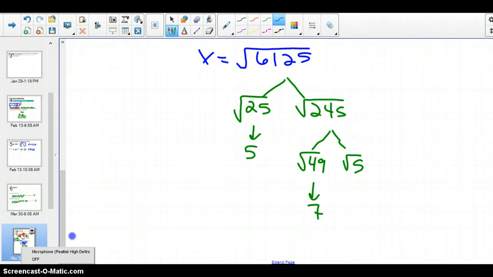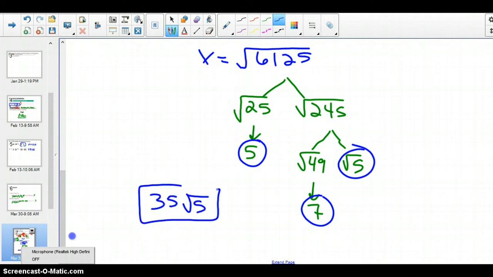All right, so if you think of this like your factor tree that you've done a while ago, maybe that'll help. So your geometric mean is actually 35 radical 5. It's kind of weird. But if you were to put that number in between those two, 35 and 175, and you were to figure out the ratio, it would be common.